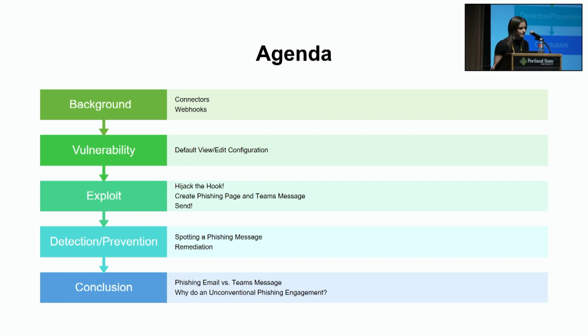Then we're going to talk about detection and prevention, how your company can spot phishing messages like this and how it can be prevented in the first place. And then a conclusion on why do a Teams message phishing engagement versus your standard phishing email to test your employees' security awareness.